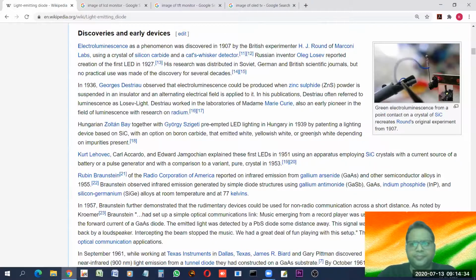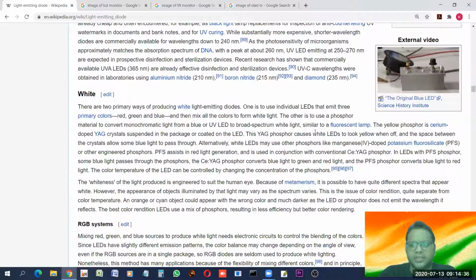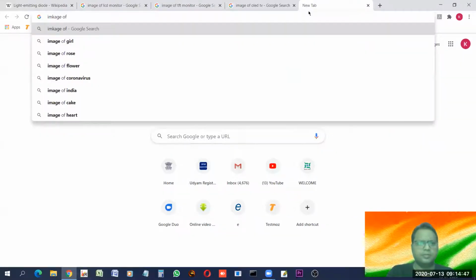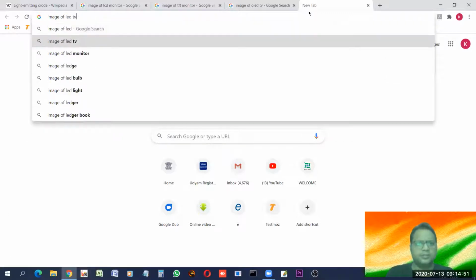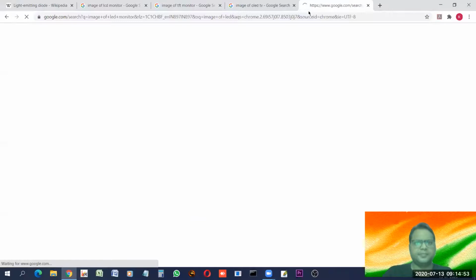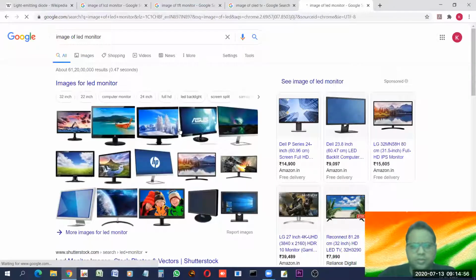So these are larger LEDs. Let us see the image of, look, this is all the LED.